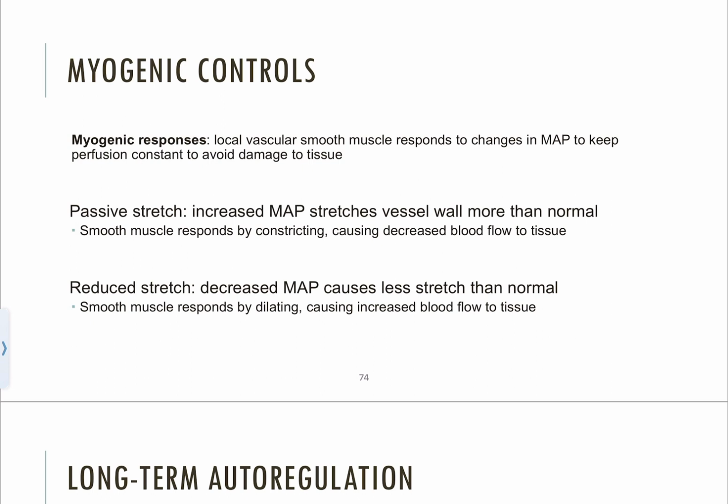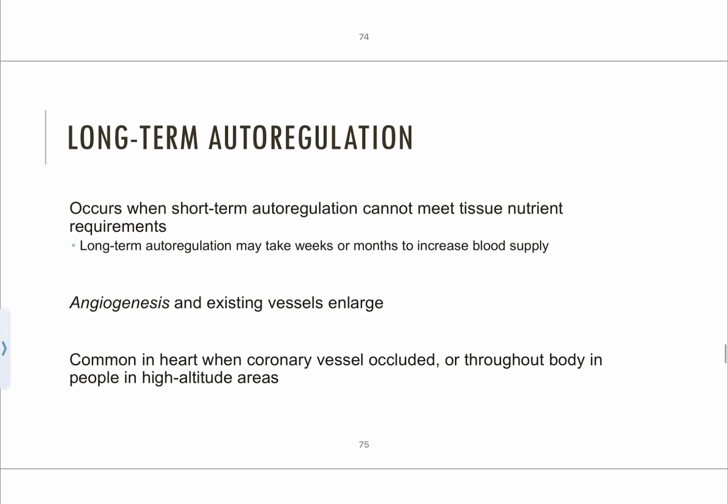And that's going to cause a decrease of the blood flow to the tissue. If we have the opposite effect and we have reduced stretch, meaning that we have a decreased mean arterial pressure, this means that there's less stretch than normal. Our smooth muscle cells are going to respond by dilating to help increase the blood flow to these tissues.